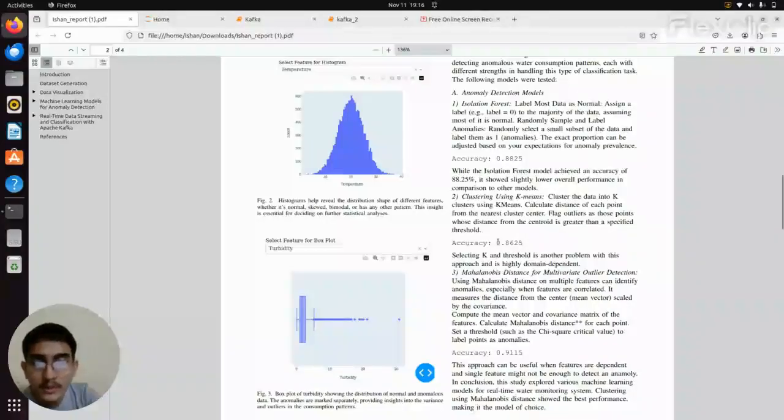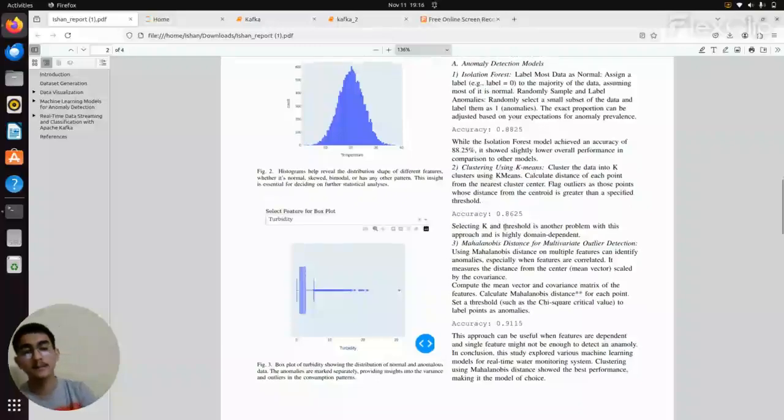For my project I selected some values of k and checked which one performs the best. My accuracy was 86%. Similarly, selecting k and a threshold, if a point lies outside this radius of the centroid, then it's an anomaly. These hyperparameters are highly domain dependent.